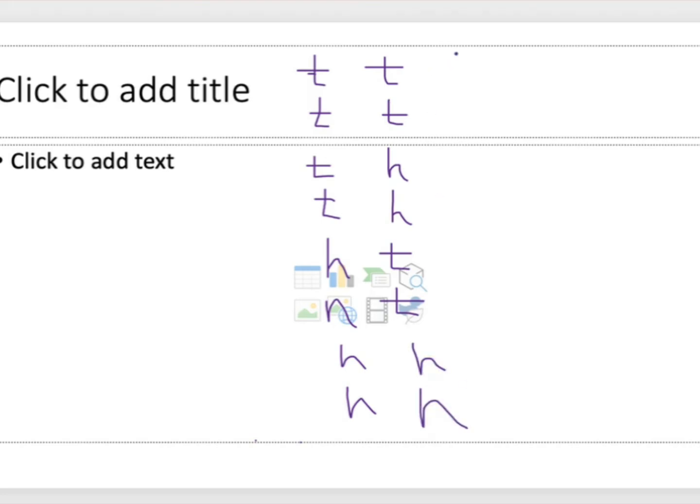And lastly, the last one I'm going to alternate every time. Tail, head, tail, head, tail, head, tail, head. And that way I get every single possibility. And there are the 8 in the sample space.